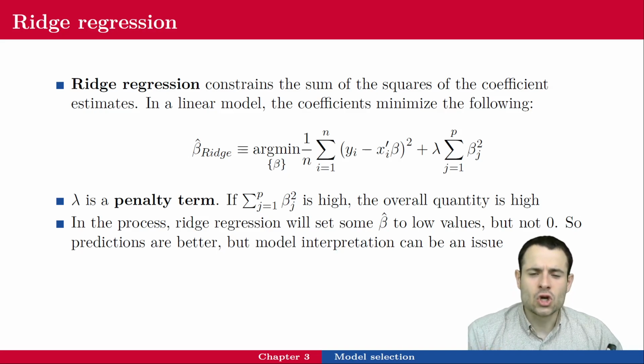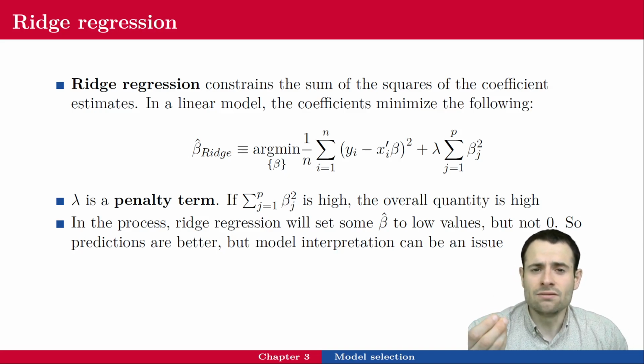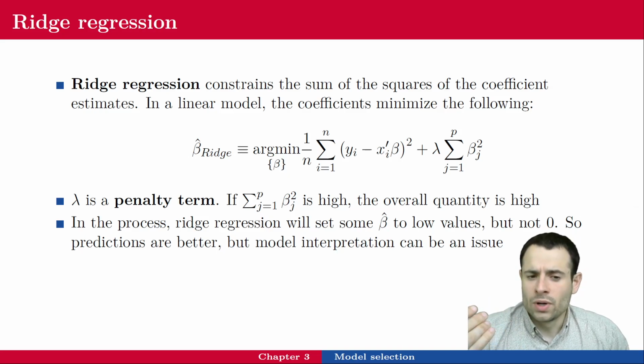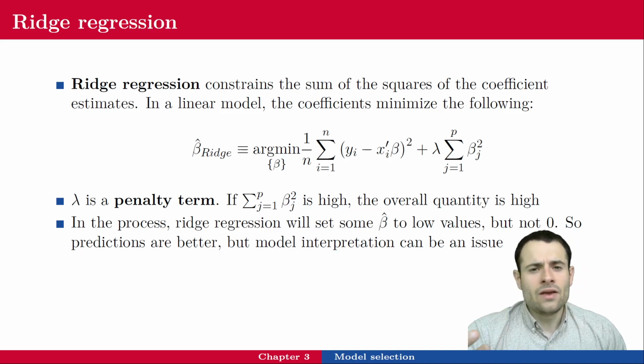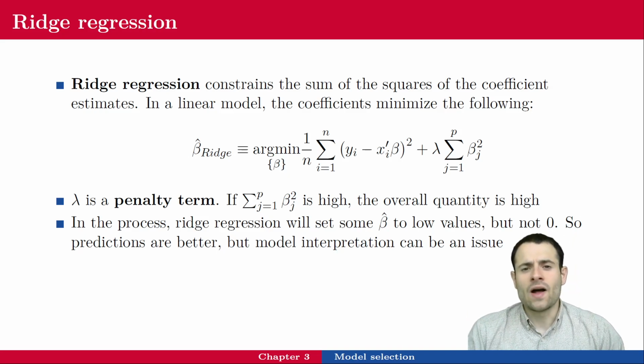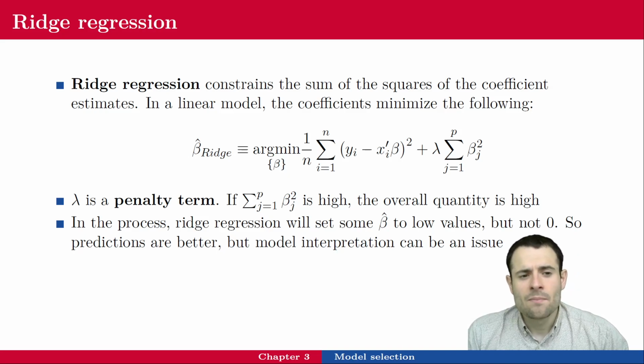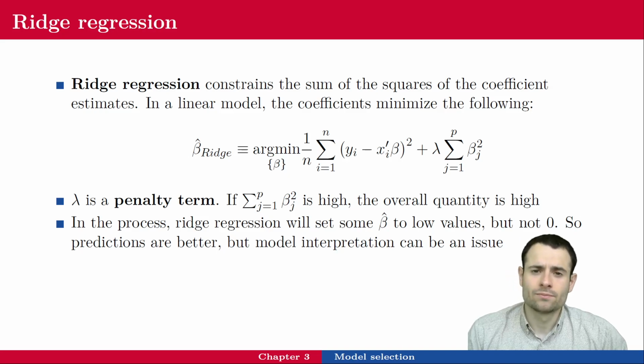You might include junk variables, which are not actually useful in terms of causality, yet their beta hat will not be equal to 0. It will be equal to something very small for the purpose of the minimization problem, but it won't be equal to 0. It is kind of hard to interpret. Predictions are going to be better, sure, but if you also care about interpreting the value of the coefficients and their impact on the dependent variable, then ridge regression might not be what you want to go with.